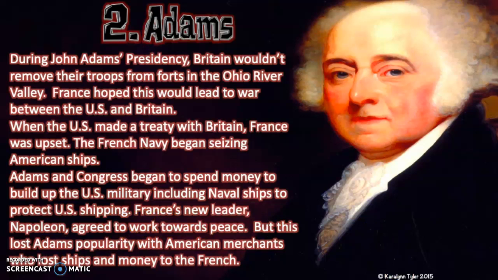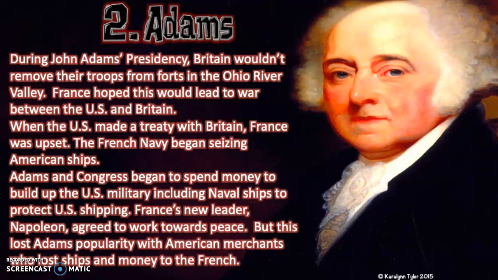During John Adams' presidency, the second president of the United States, some new foreign policy challenges developed, mostly because the British had some troops in the forts in the Ohio River Valley that had been there since before the Revolutionary War. And France was really hoping that this would lead to a war between the U.S. and Britain.